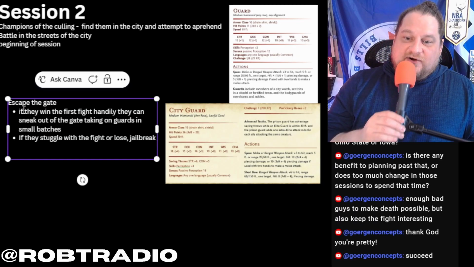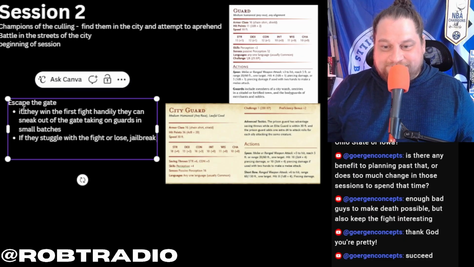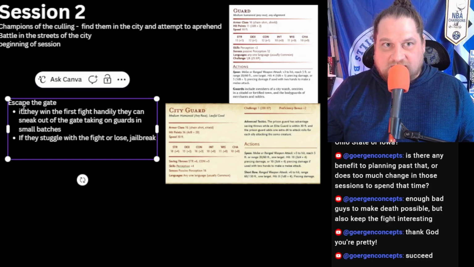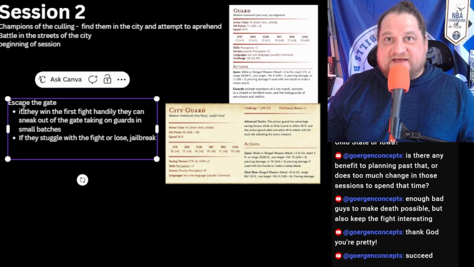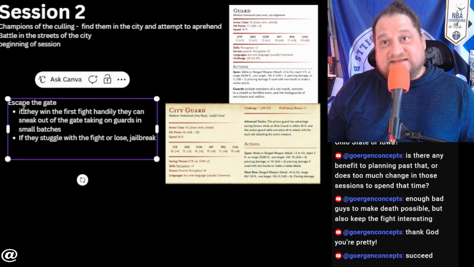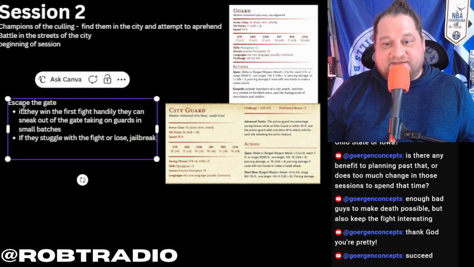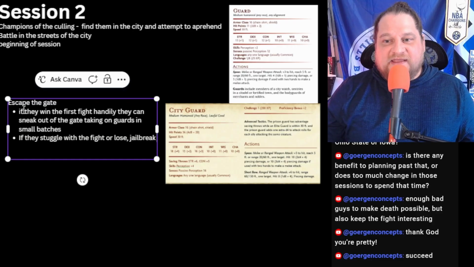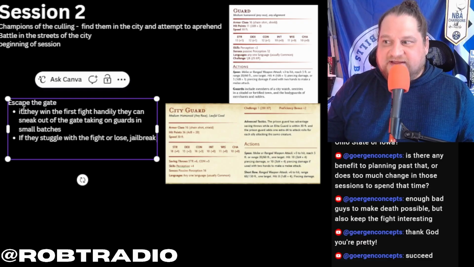And so if they're in a situation where they are losing the fight to the champions, I would then tell them, okay, you can see the gate, you can make a run for it. But if you make a run for it, then you have to survive the gate as well. And we would essentially turn the one conflict into 2 conflicts.